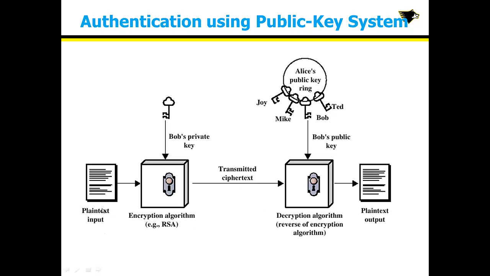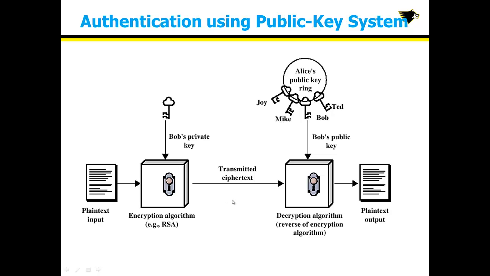You have plain text, then use a private key to encrypt the message. Then we send it to the receiver. After the receiver receives this cipher text, they use the public key to decrypt the message, then get the message.